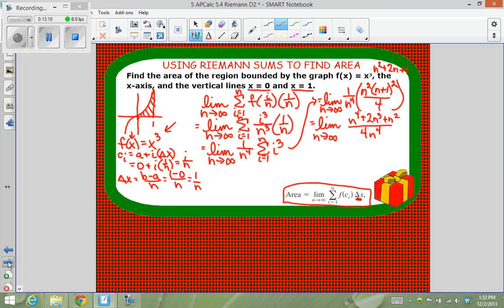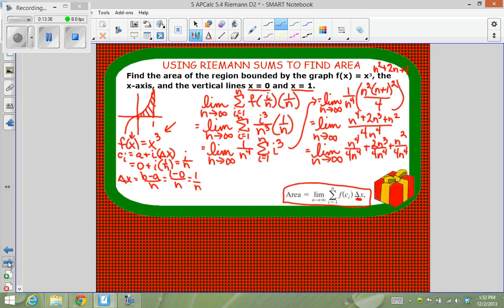If I split that apart, I have the limit as n goes to infinity of n to the 4th over 4n to the 4th plus 2n cubed over 4n to the 4th plus n squared over 4n to the 4th.